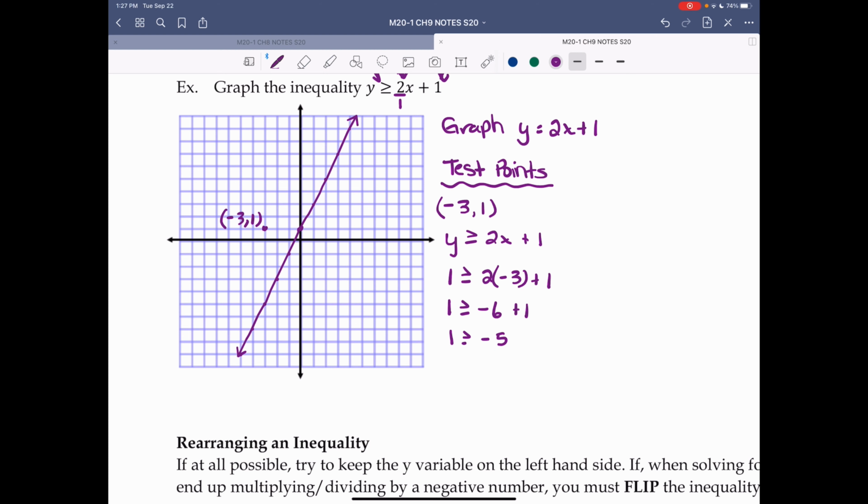Is that true? Is 1 greater than or equal to -5? Yes, that is a true statement. That tells me that I'm going to shade this side of the line.